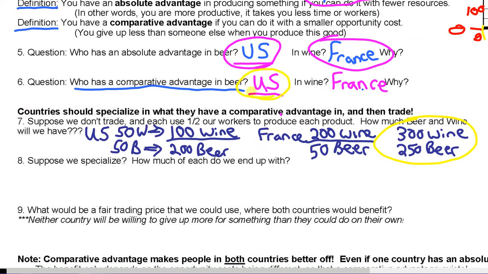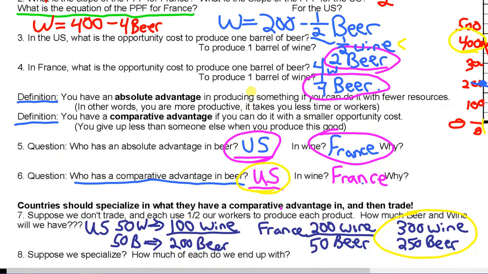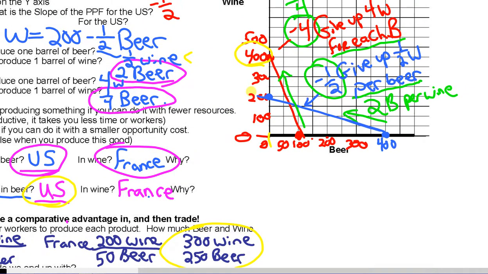So we would say, U.S., all your workers should make beer. So the United States is going to be at that point. All beer, no wine. France is going to be at that point. All wine and no beer.